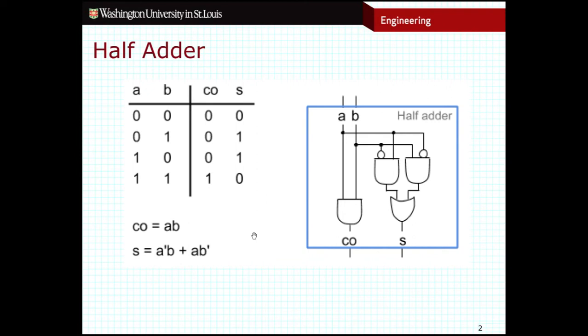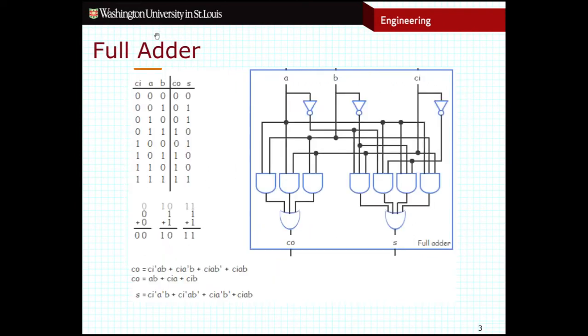So there's a separate kind of circuit called a full adder, and you can see what it does is it simply adds an additional input. I still have A and B, which are the binary bits that I'm going to be adding. I have a carry out bit if I need it as an output. I have a sum bit if I need it as another output.